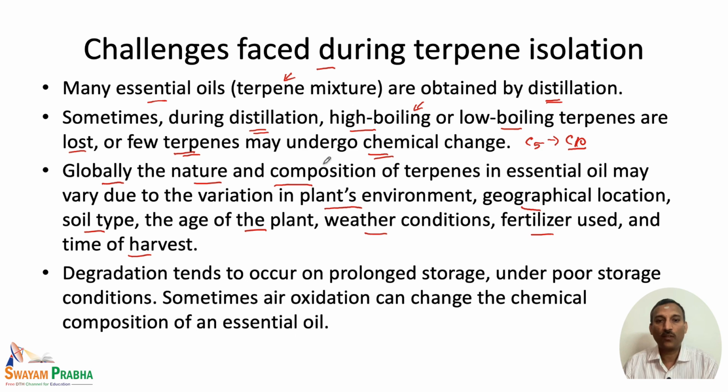Of course, mainly the composition may change, and in some cases even the nature of the terpene may change from place to place. So we have to be very careful while we are isolating these terpenes.